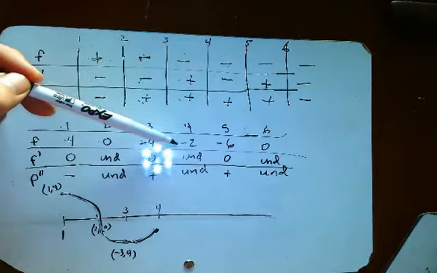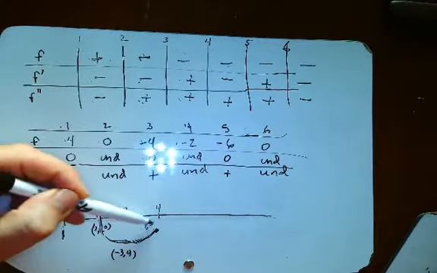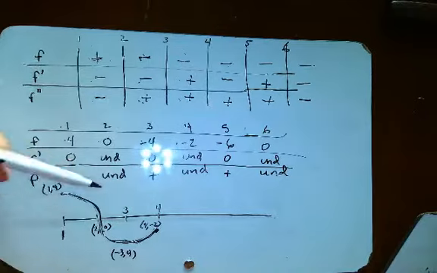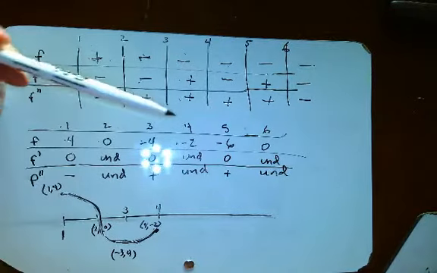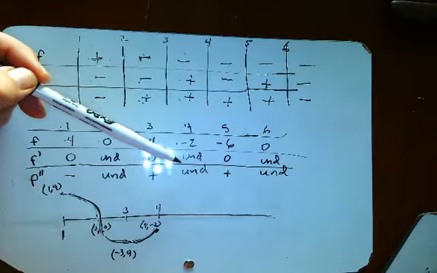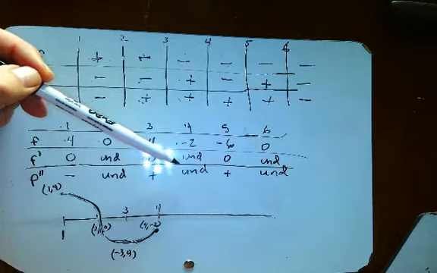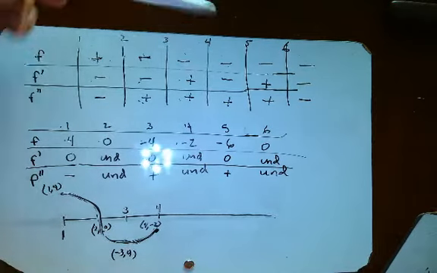Now, at 4, I see not only do I have a y value of negative 2, so 4, negative 2 here, but I also recognize that the derivative is undefined at this point. And again, I'm not sure why the derivative is undefined, but hopefully when I look at the next interval, that will become apparent.